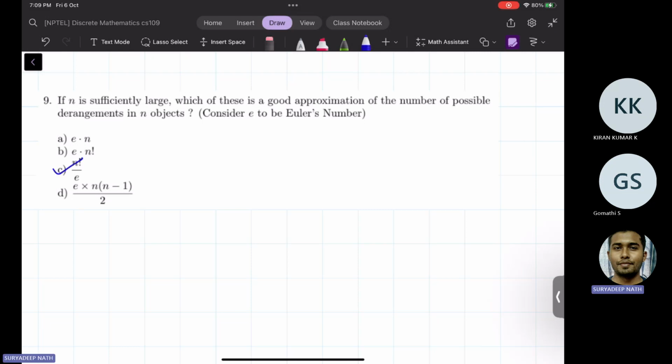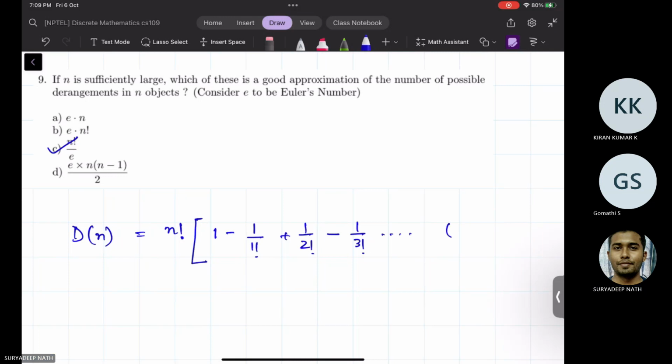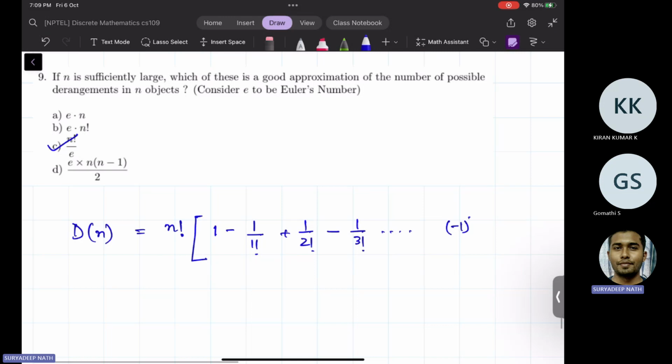So what it turns out is like this: D of n would turn out to be n factorial times (1 minus 1 by 1 factorial plus 1 by 2 factorial minus 1 by 3 factorial, and all the way up to minus 1 to the power n, 1 by n factorial).